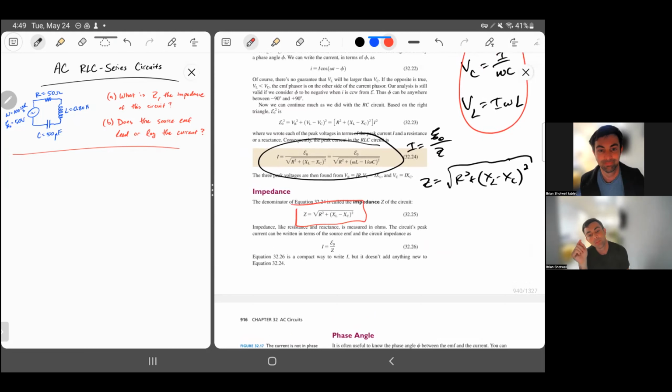Also, notice that the impedance is at least R, and in general bigger than R. But the smallest value of the impedance would happen if this piece right here could be 0. So if that were 0, this would minimize Z, the impedance, and maximize the current in the circuit for a given E naught.